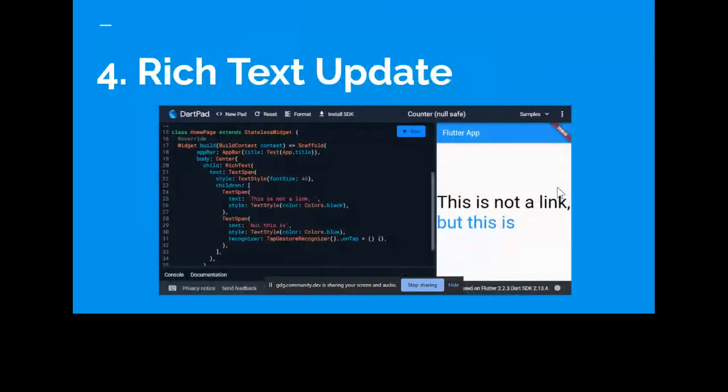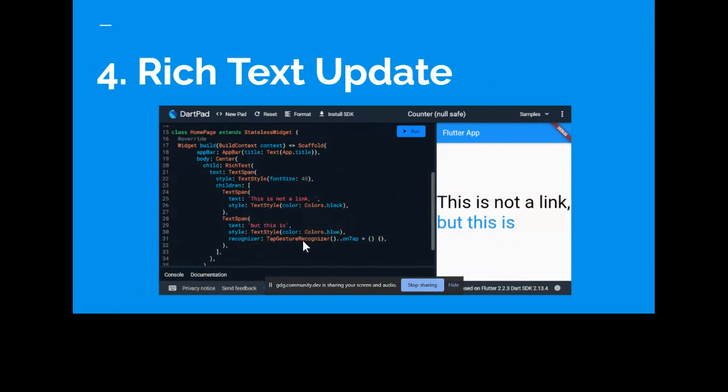So let's say we have written this inside the app: this is not a link, but this is. So this is a rich text and it contains two children. The first child has text, which is right here, and a style which is black color. The other child has some text and style as well, but it has a recognizer, a tap gesture recognizer.